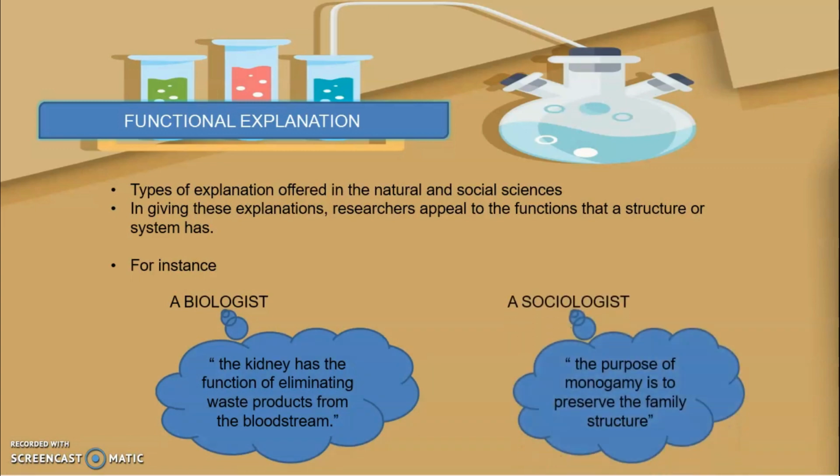Or a sociologist might say the purpose of monogamy is to preserve the family structure. Each one of these is concerned with a function that a structure or system is believed to possess. So, if we're curious about the function of something, we will create an explanation to explain that function. So, this is called functional explanation.